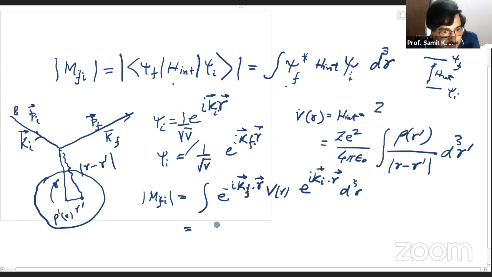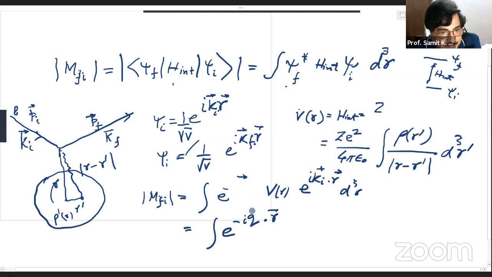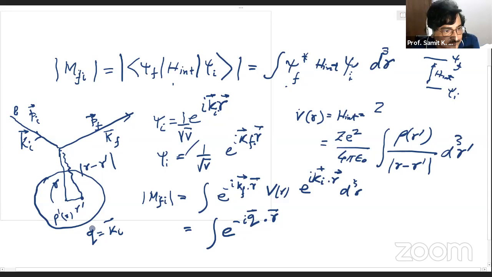Or you can write e to the power minus i q dot r, where q is the difference between k_i and k_f. This q is nothing but k_i minus k_f.